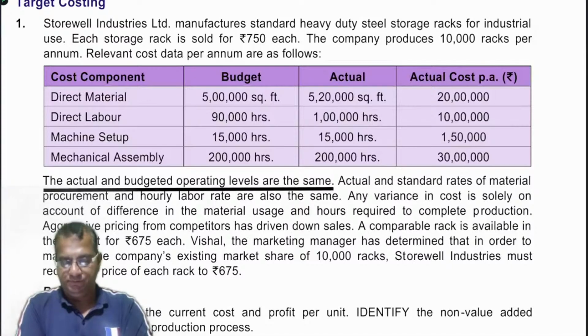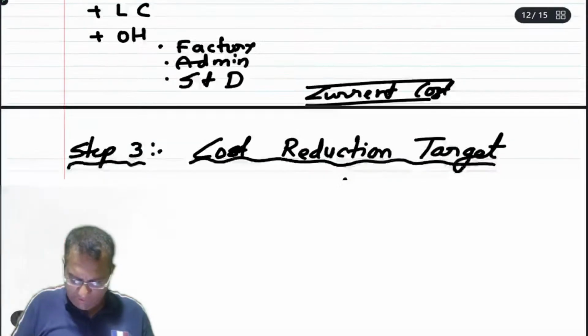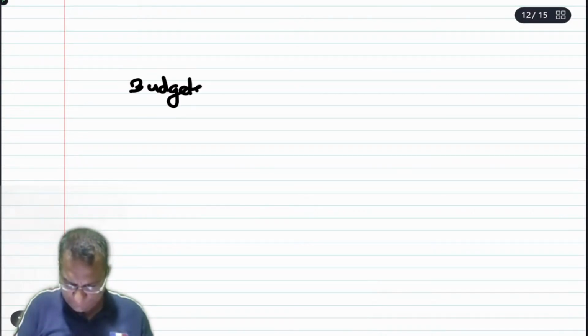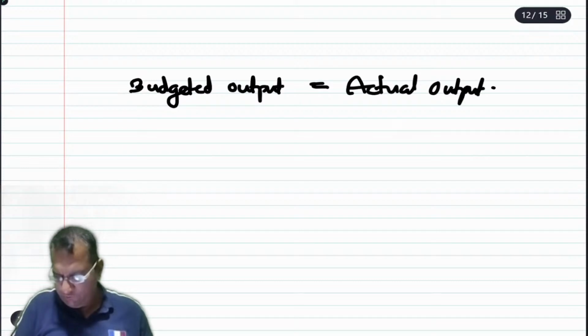That is, budgeted output is equal to actual output is equal to 10,000 units.